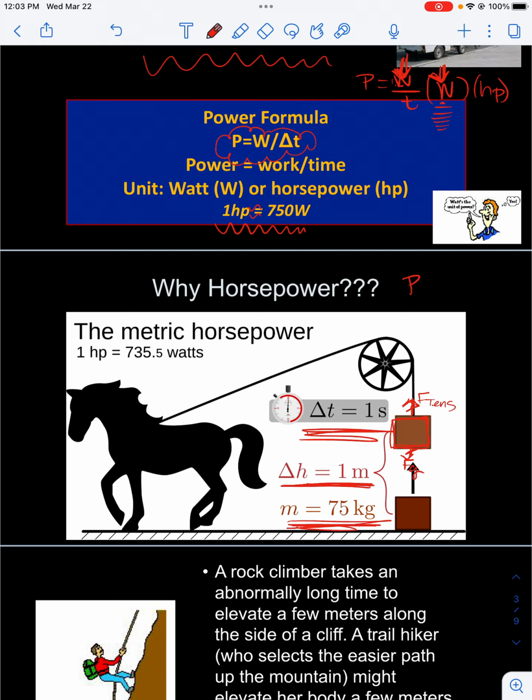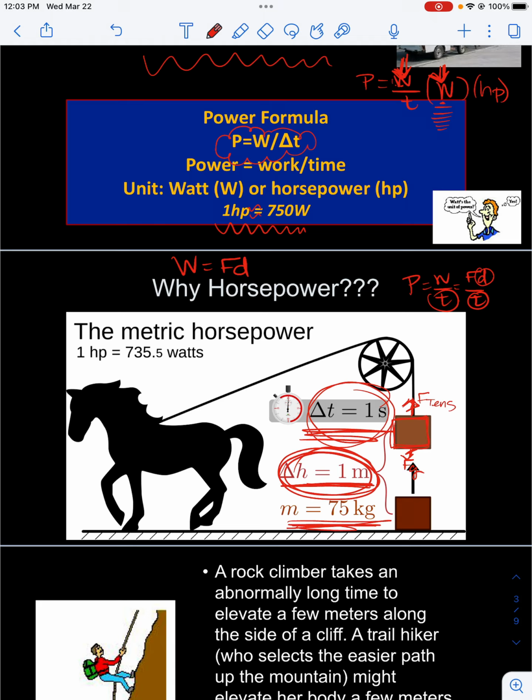If we're trying to find the power, we know that is work over time. We've got our time of 1 second, but we don't have work. But we do know that work is equal to force times displacement, so we can put in force times displacement over time. We still have time, and we now have a displacement: our height is 1 meter.